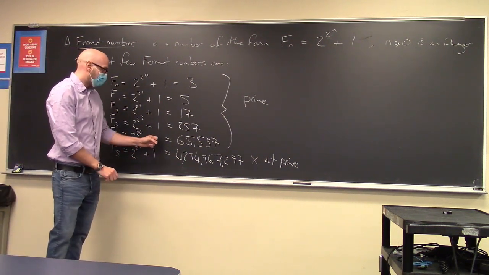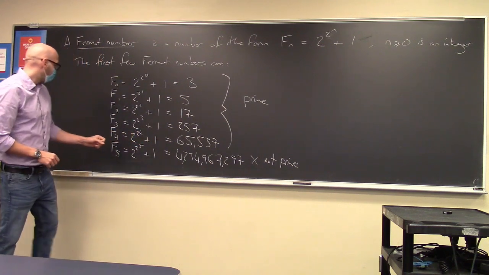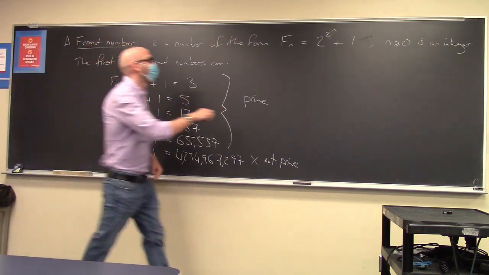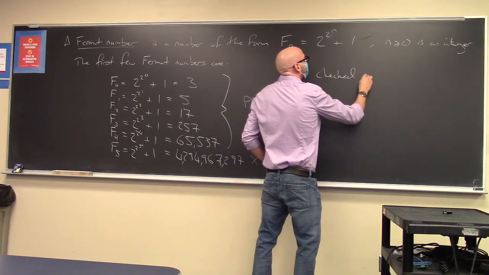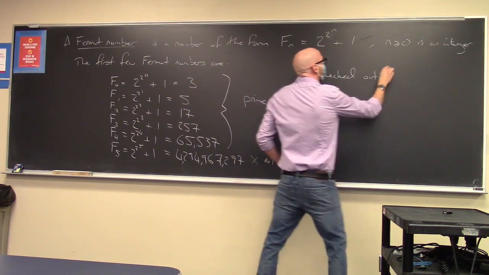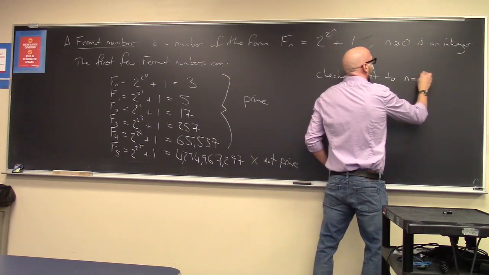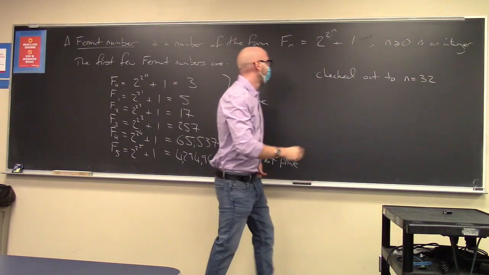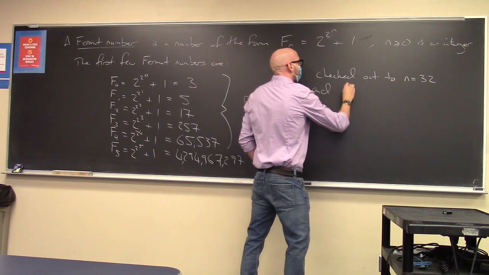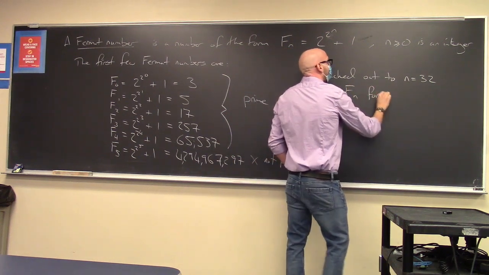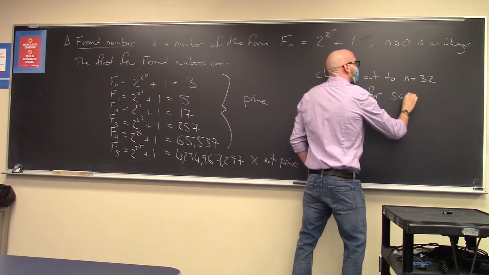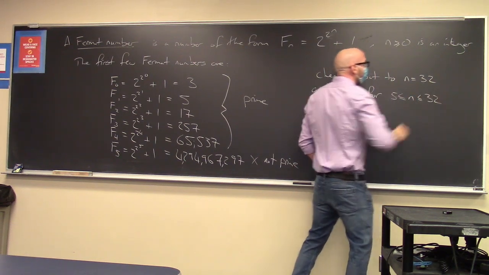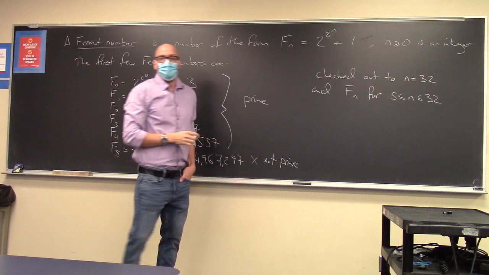The first 4 are. And these have been checked out to n equals 32. And F sub n for n between 5 and 32 are not prime.